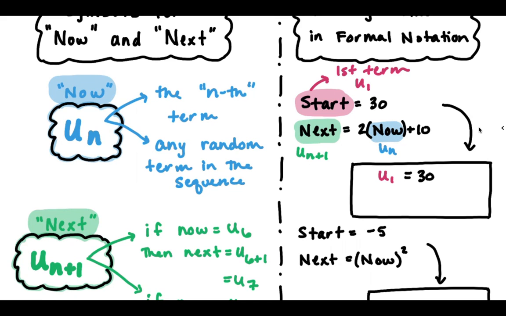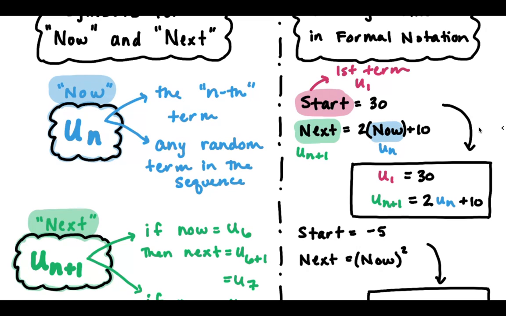And then instead of writing next, I'm going to write u sub n plus 1 equals 2. Instead of now, I'm going to write u sub n and then plus 10. Okay, so this is another way of saying wherever you're at in the sequence, so you're at a random point in the sequence, you don't know what term you're at, you're just at a random term.